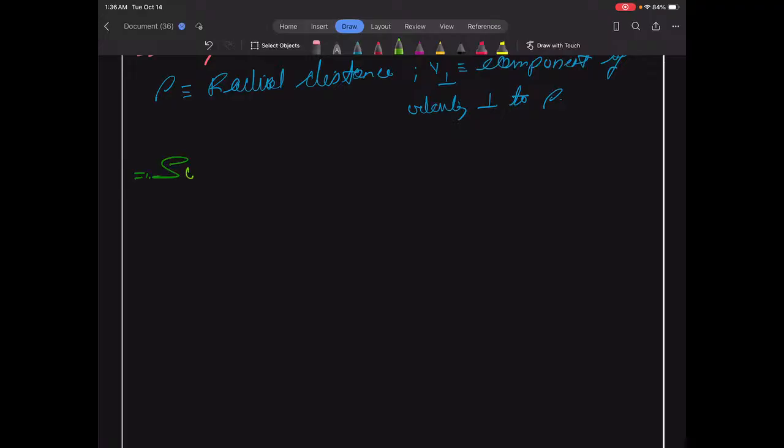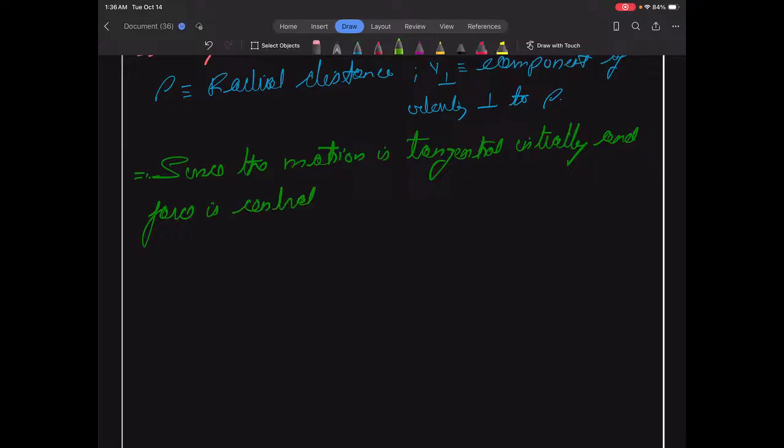Therefore we can say that since the motion is tangential initially and force is central, the path is spiral inward.